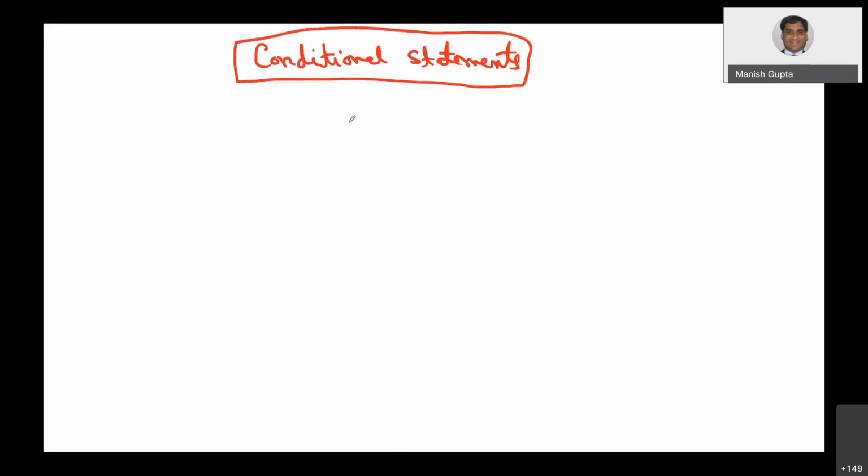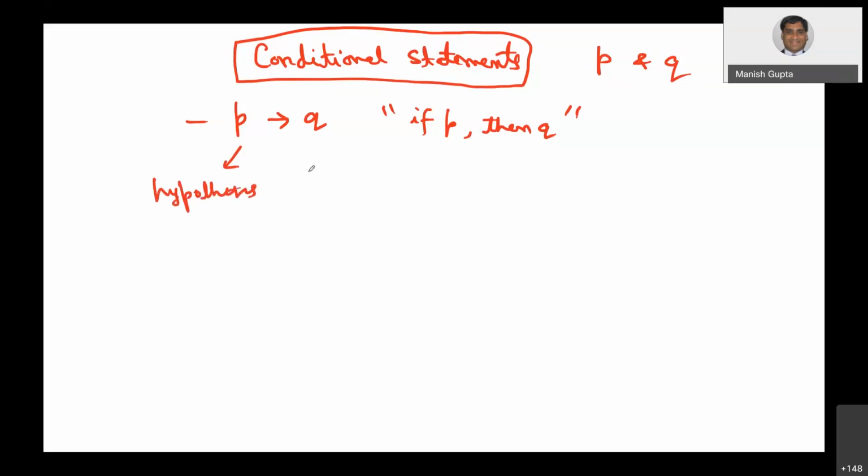We are given two propositions P and Q, and we write P arrow Q. So this is the proposition: if P, then Q. Normally here P is a hypothesis and Q is a conclusion, or consequence.